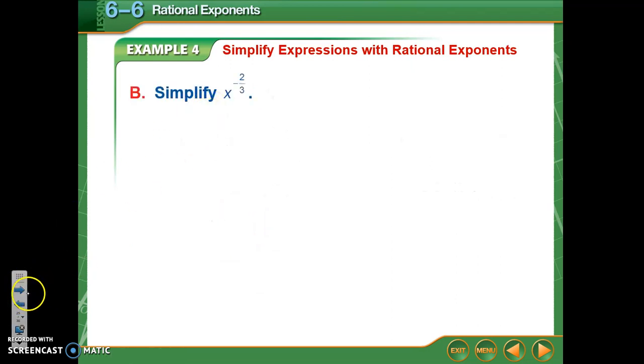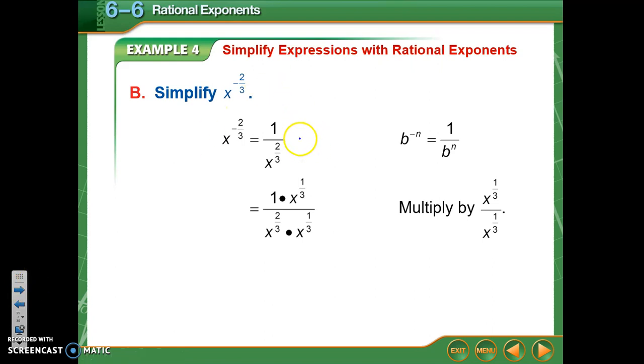Okay, x to the negative 2/3. We're going to start again. Remember that the exponent rules are still the same, even when the exponents are fractions. So negative exponent means reciprocal, so this is 1 over x to the 2/3. The problem is that this means 1 over the cube root of x squared, and we are not allowed to leave radicals in the denominator. So what I really want is for my denominator to be just x by itself, without a fractional exponent.